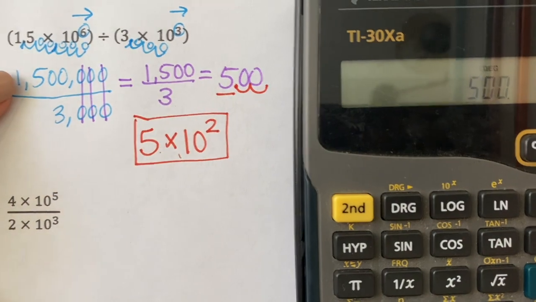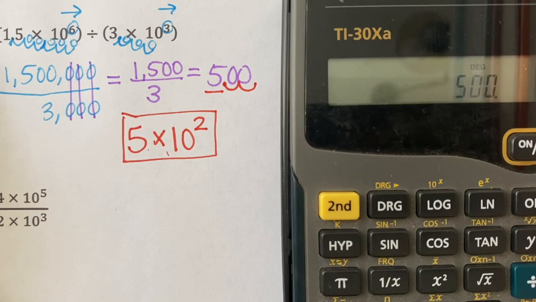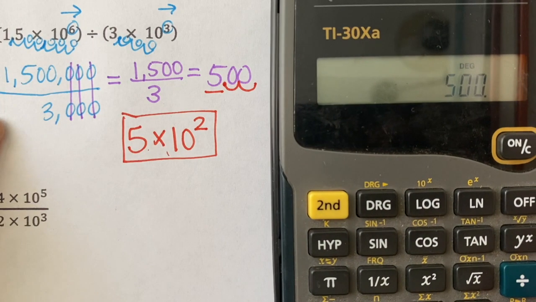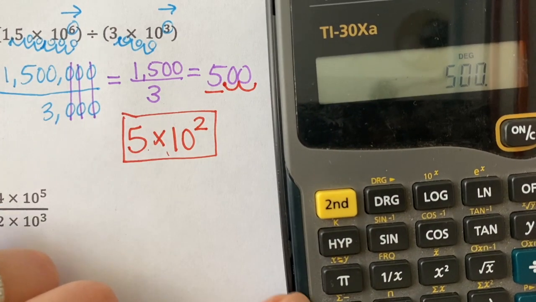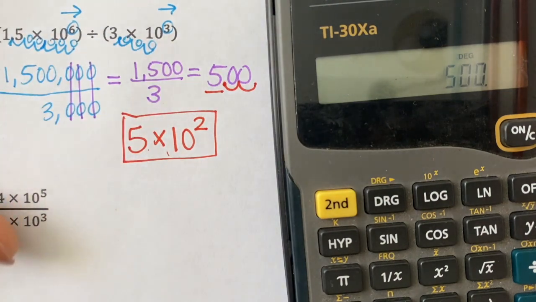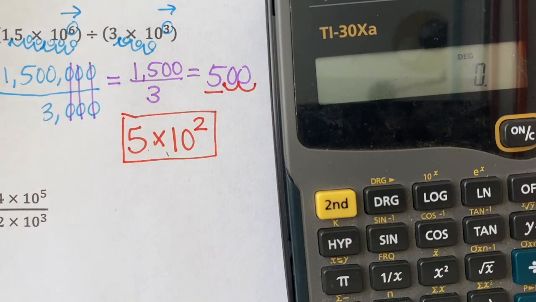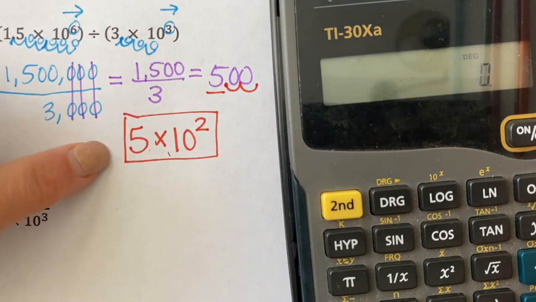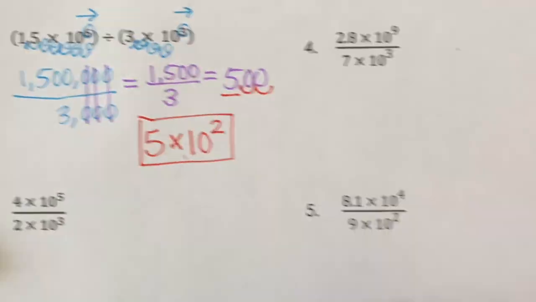You can start from the very beginning, as long as you write these in standard form, you can plug them into your calculator and get your answer. You can do the trick and then divide your smaller numbers in your calculator. There are multiple ways that you can do this to get this number. Then you have to know how to put it in scientific notation.